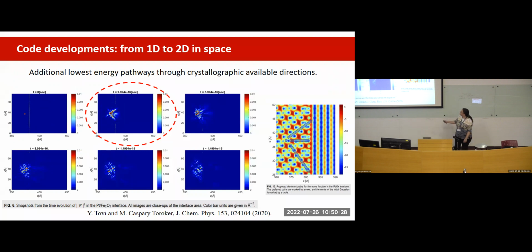And these directions correlate with the electronic structure of the material. It goes through bonds that have low energy and can pass through them. Then after more time, the wave function scatters to larger distances. Whatever can pass to the metal side passes, and whatever cannot stays at the oxide side.